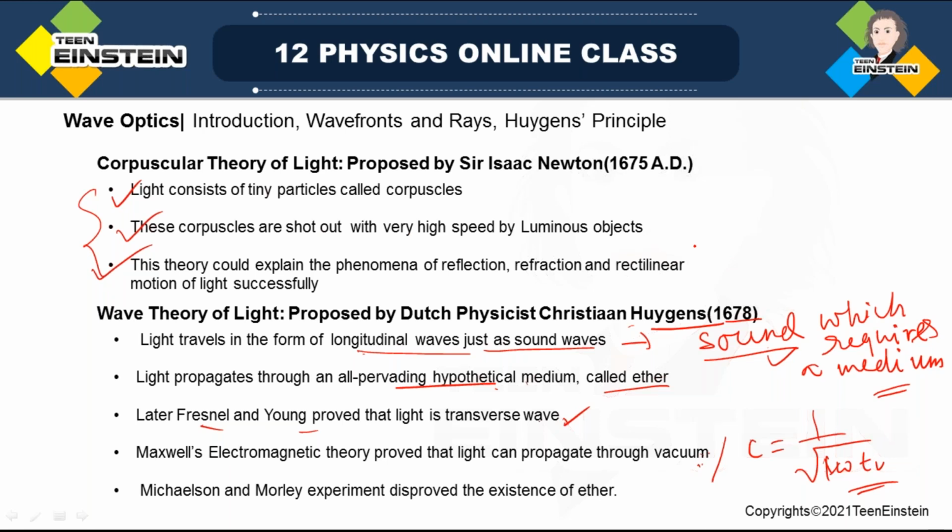We could not explain those with this corpuscular model. So this wave theory of light could successfully explain the phenomena. Fresnel and Young had executed many experiments on this, and we'll see Fresnel diffraction and Fraunhofer diffraction.